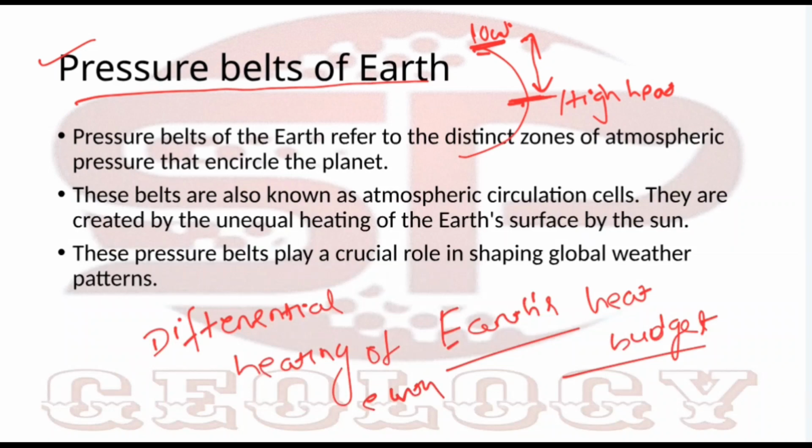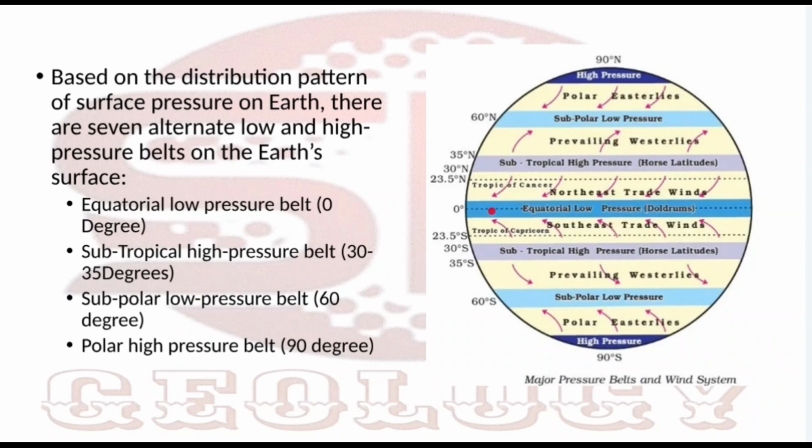What are the different pressure belts? First, the equator: because the equator is receiving more heat, it will be a low pressure zone. Then around 30 degrees north or south latitude, we have the subtropical high pressure zone, what we call the horse latitude.